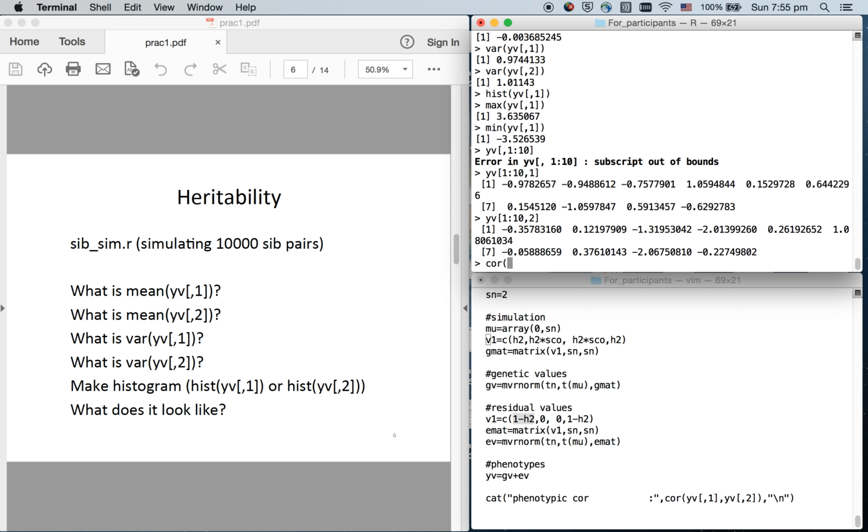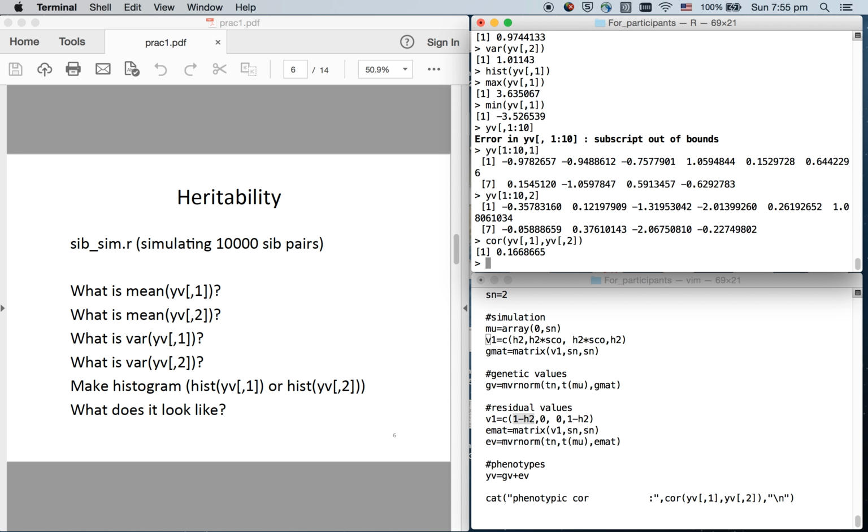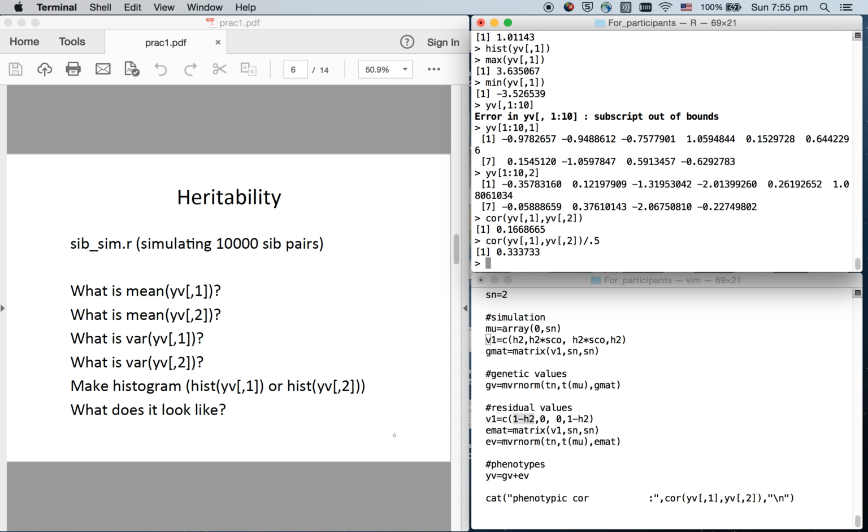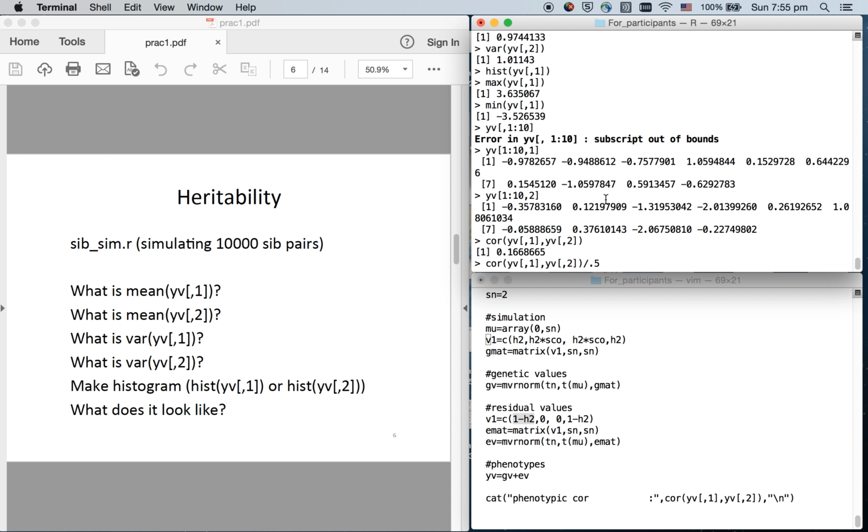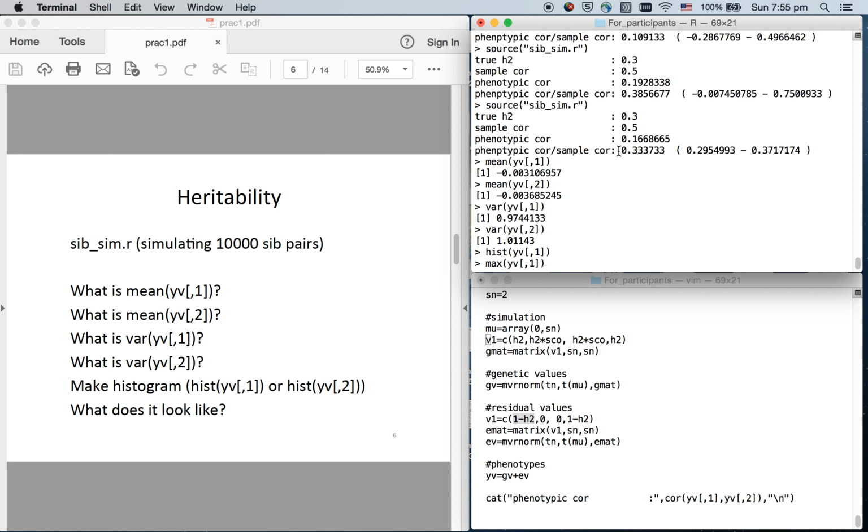You can do cor of y1 and y2. This is the phenotypic correlation. Then this is divided by the sample correlation, because you know these two vectors have a sample correlation of 0.5. Divided by the sample correlation gives the estimated heritability, right? That's what you saw before, with this confidence interval.